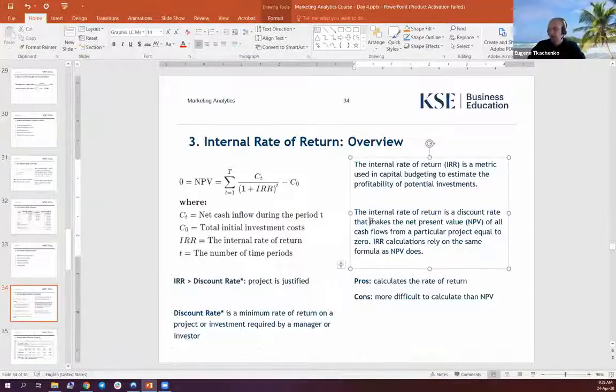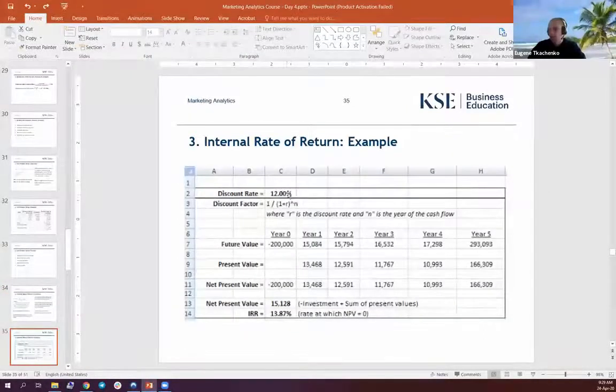So basically, we are calculating the net present value at which the value of a particular project will be equal to 0. What I'm essentially trying to say is that in the example, we are taking the discount rate of 12%. We are just calculating everything for the net present value being equal to 0.